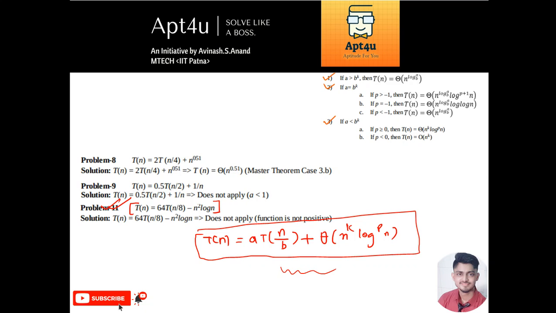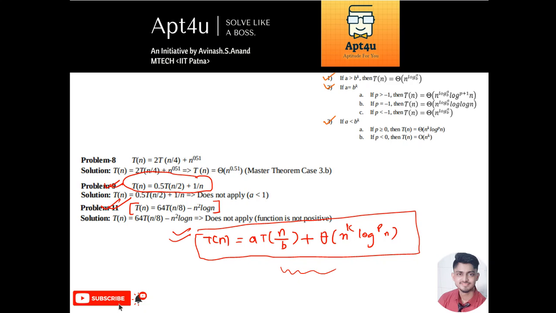Similarly, for this example, problem 9, T(n) equal to a T(n) this is b, and you can compare this recurrence relation with the recurrence relation of Master's theorem.